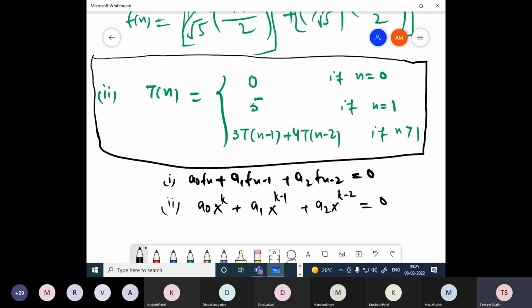The second one is to put the values in this polynomial to make it a quadratic equation.